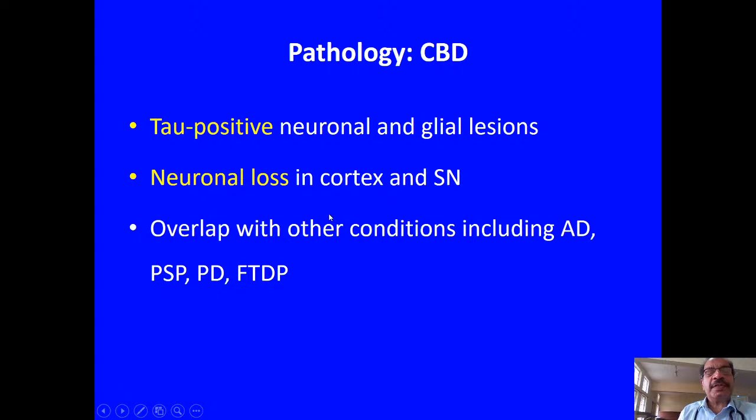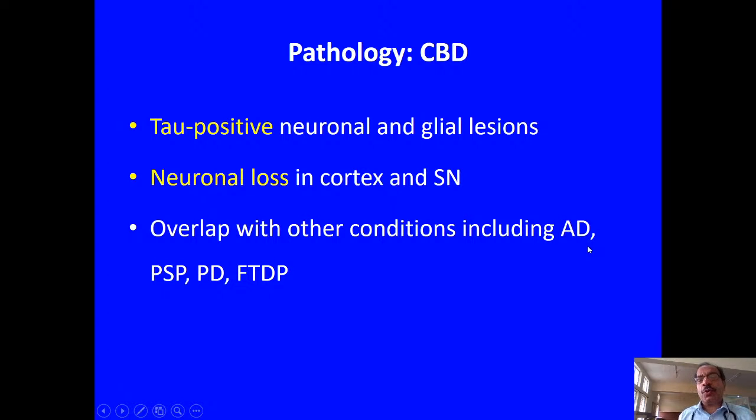Basically, it's a tau positive neurodegenerative disorder that results in loss of various neurons in the cerebral cortex and also in the basal ganglia, especially in the substantia nigra. So the manifestations will be highly variable. They may be just like manifestations of PSP or Parkinson disease, or frontotemporal dementia, or Alzheimer's disease.